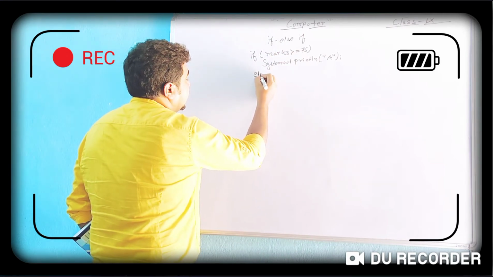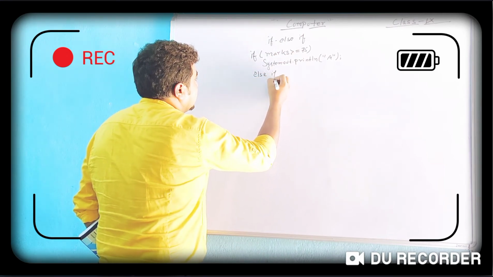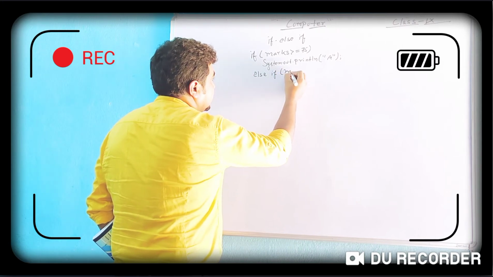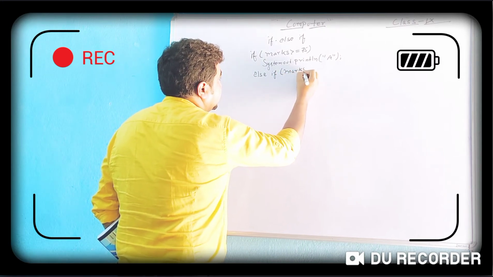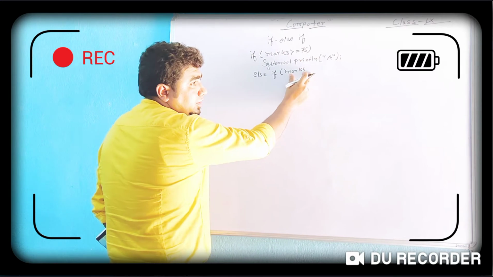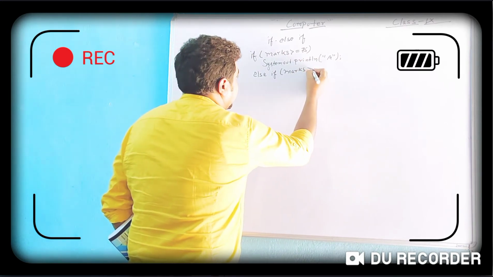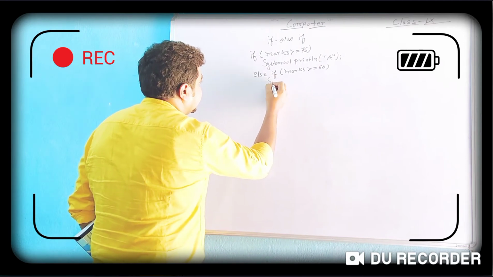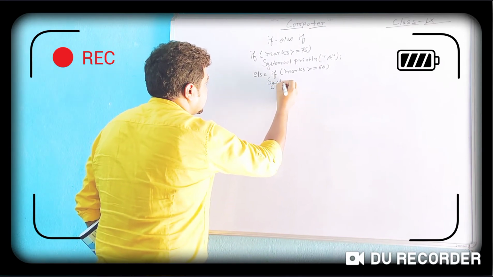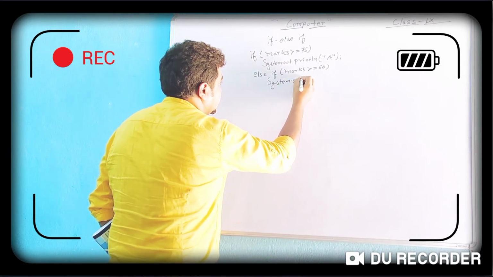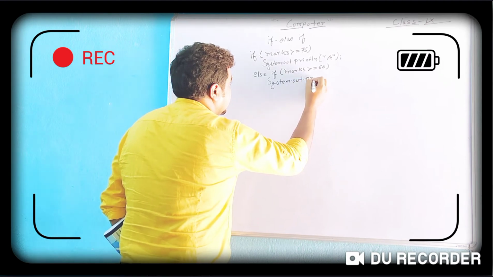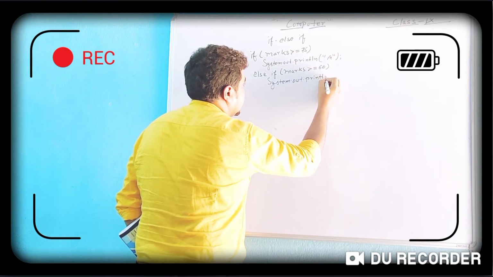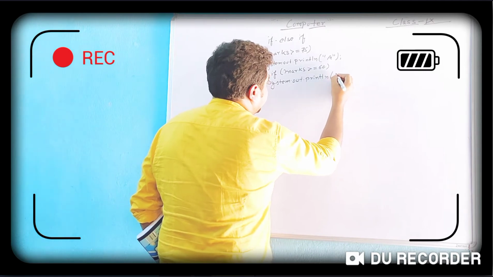Else if marks is greater than or equal to 60, I am going to print System.out.println B.